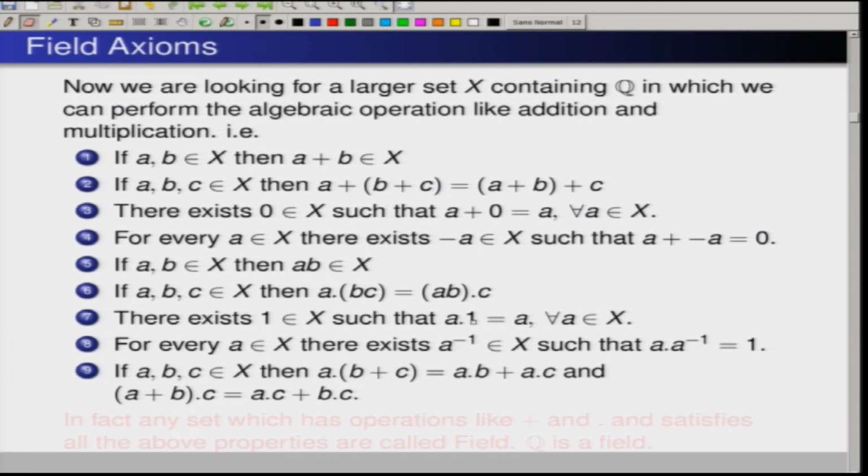In this case I am denoting it by 1, a into 1 is equal to a for all a belongs to X. Now, for every a there will exist some number. If I multiply a by that number, it must give me 1, that I denote by a inverse, such that a into a inverse is equal to 1.